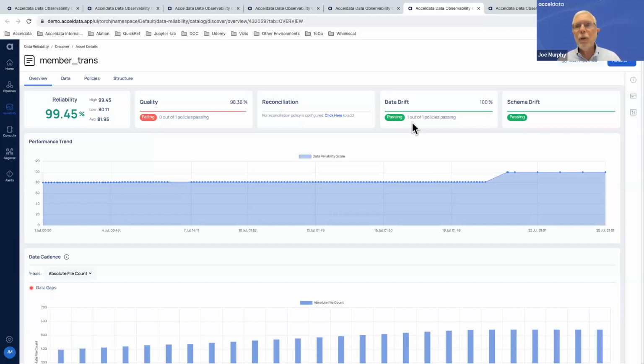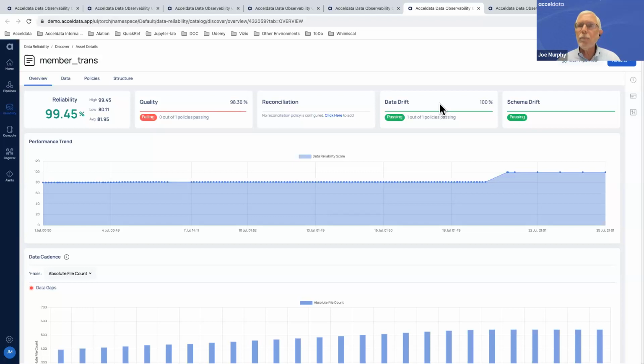That may be as simple as, hey, we make sure that we're tracking the average transaction amount or the age of a member or some other feature. So they produce some data. A key thing to monitor is the drift of those features. So I may want to understand if data that's flowing through my system starts drifting.